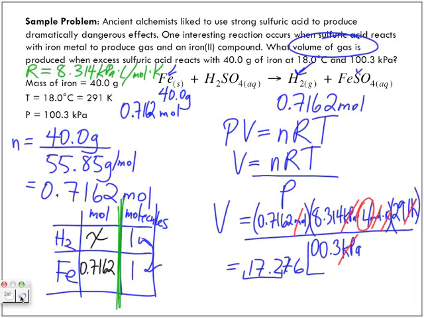So I take the 17.2, I look at that 7, and my volume of hydrogen gas that's formed is 17.3 liters. Okay. So the volume of gas that's actually produced in excess sulfuric acid is 17.3 liters of hydrogen gas.